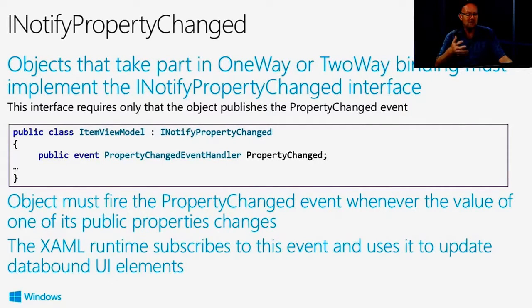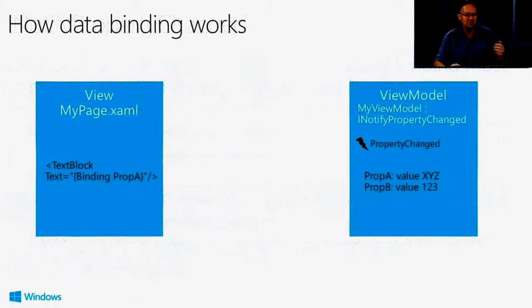That behavior is encapsulated in this interface called INotifyPropertyChanged. That INotifyPropertyChanged interface simply says any class that implements this must have a PropertyChanged event. What happens is the view actually subscribes to that event and gets notified, and whenever that event fires, it will go off to the view model and find out what has changed.